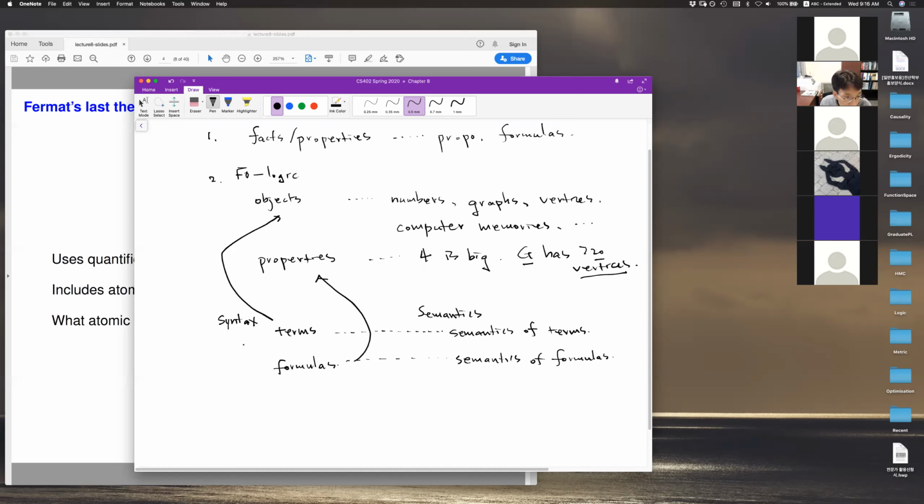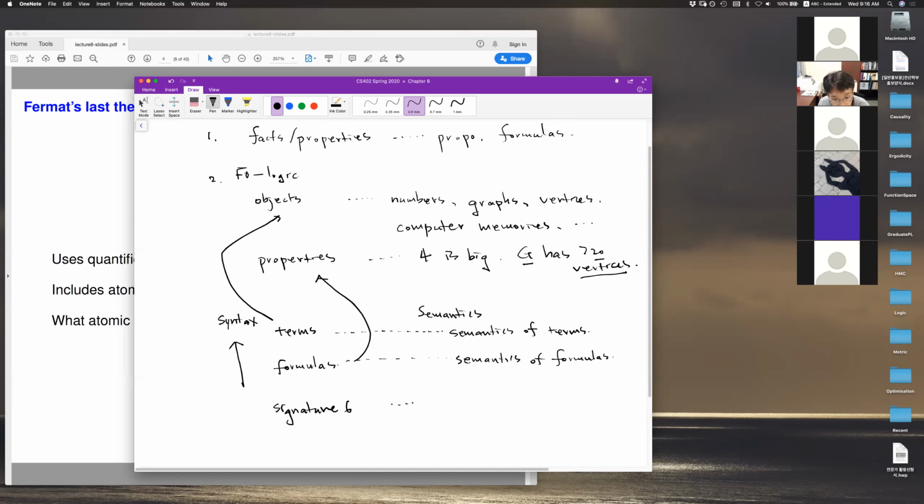And the parameter for the syntax is called the signature, sigma. I will explain what this signature is soon, but this signature determines the syntax of this first order logic language.